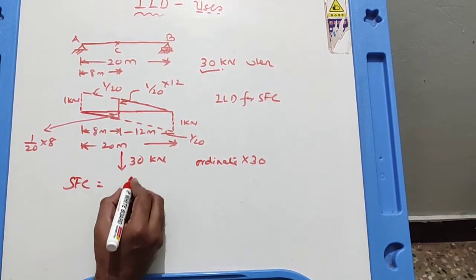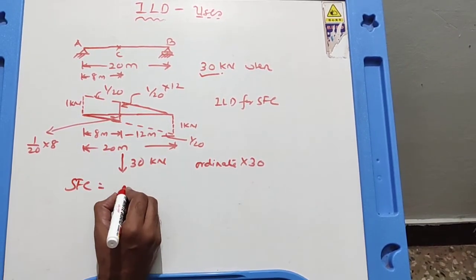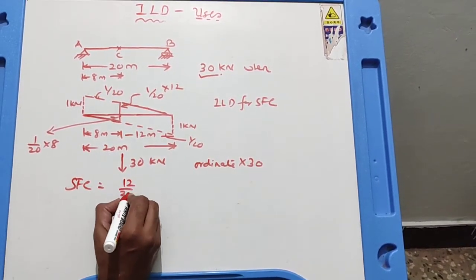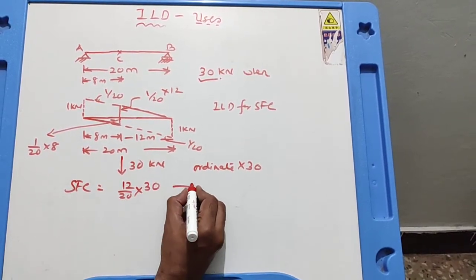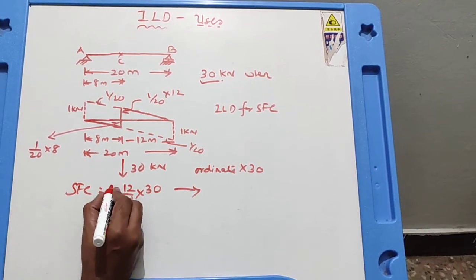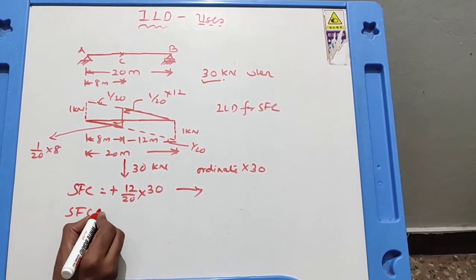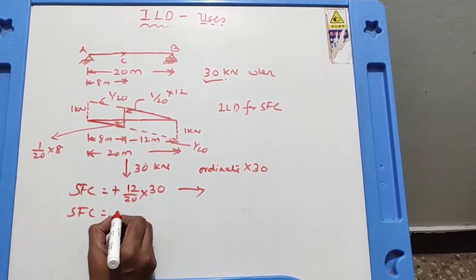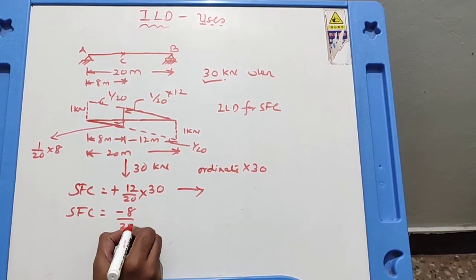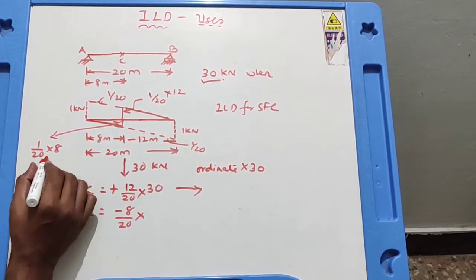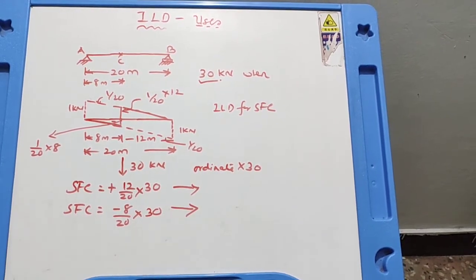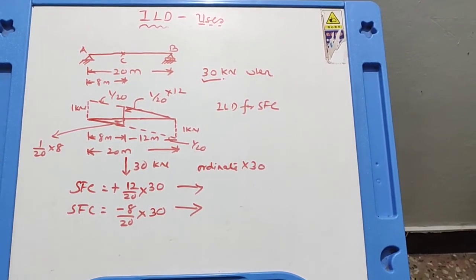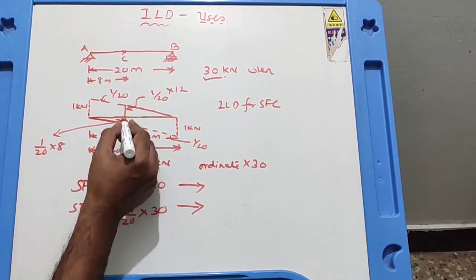One is positive, that is the positive ordinate, 12 upon 20 into the actual load 30. So do the calculations, you can find out shear force at C. This is the plus value. Another shear force at C is the negative ordinate, minus 8 upon 20 into 30.